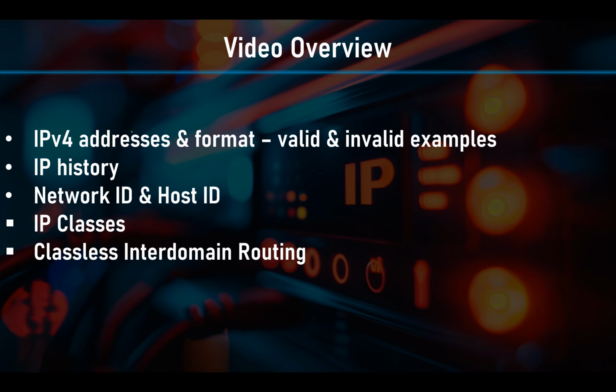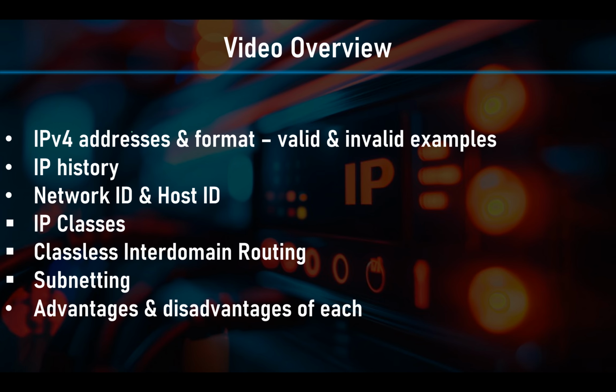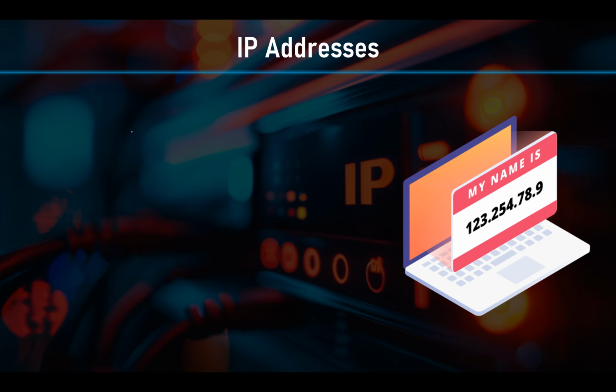Then there's something called CIDR, classless interdomain routing. And finally, subnetting, which is what's used today. Then we'll look at the advantages and disadvantages of each, and for example, why subnetting has won out over the other two.